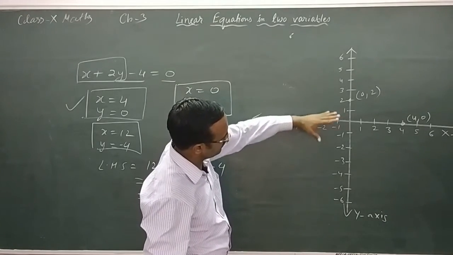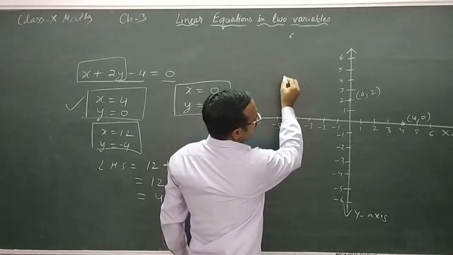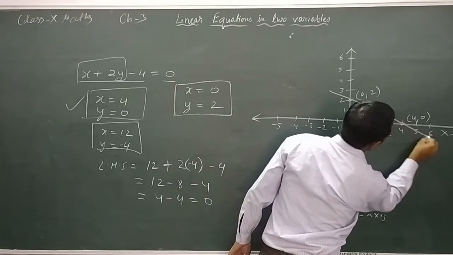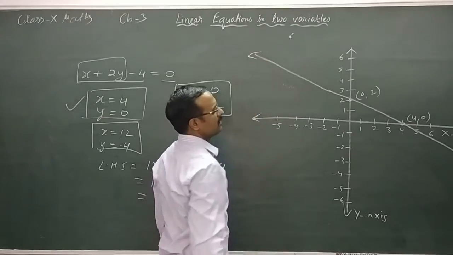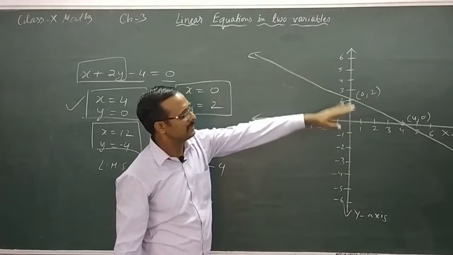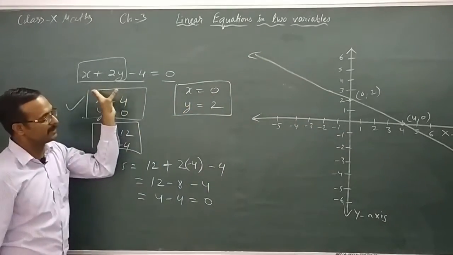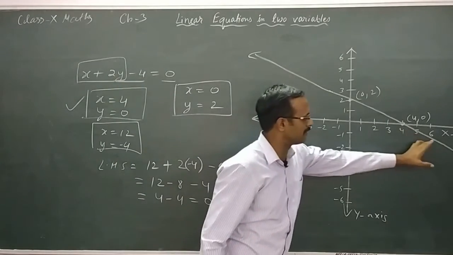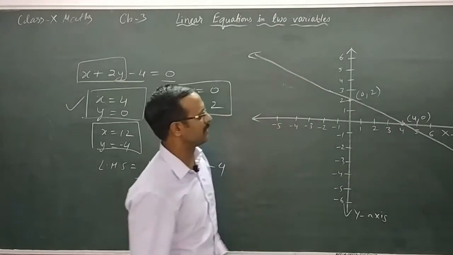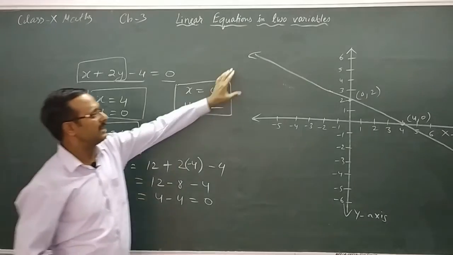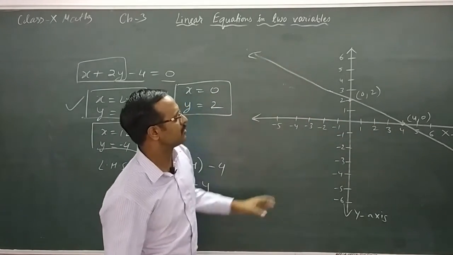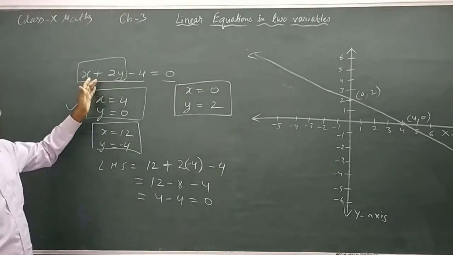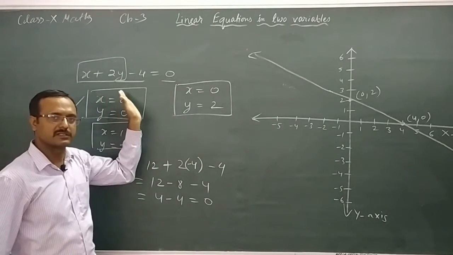This is not available here, but if you join these points with a line, you will see that all of the solutions of this equation will be on this line only. A line contains a lot of points, infinite points. So this equation alone will contain infinite solutions.